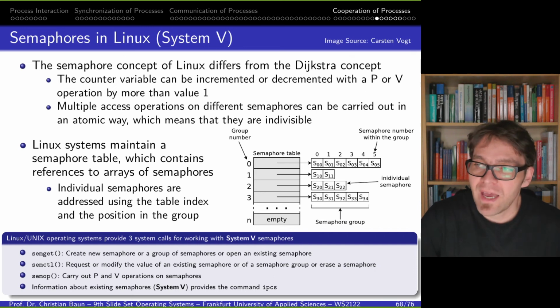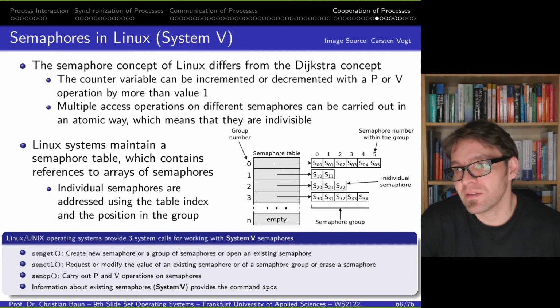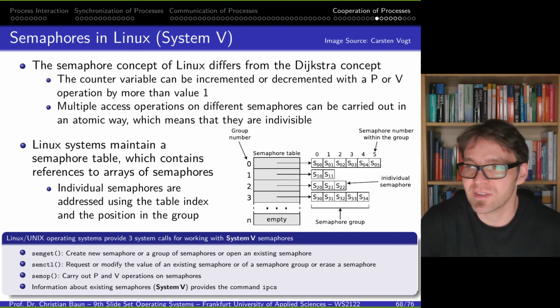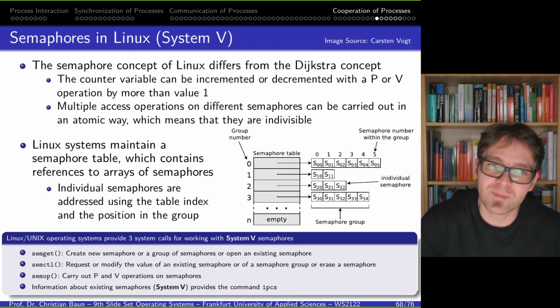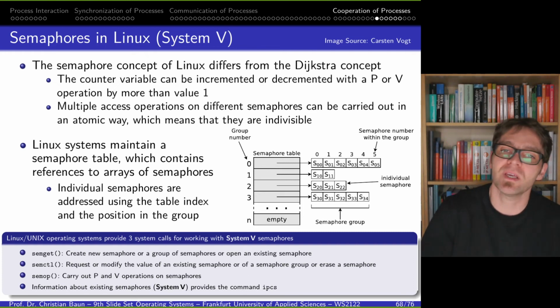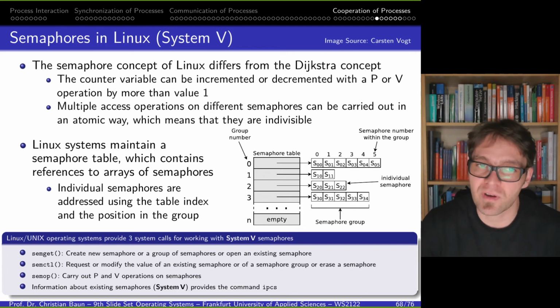Today we have groups of semaphores. You can specify a group of semaphores which just has a single semaphore, which is probably done quite often, but you can also have many semaphores in a group, and you can execute P and V operations for entire groups of semaphores.